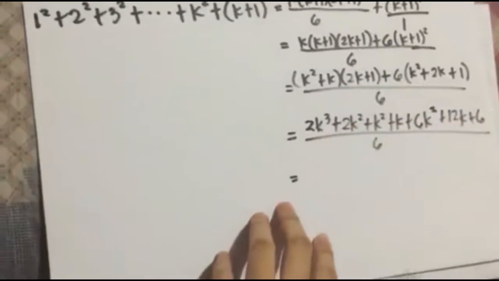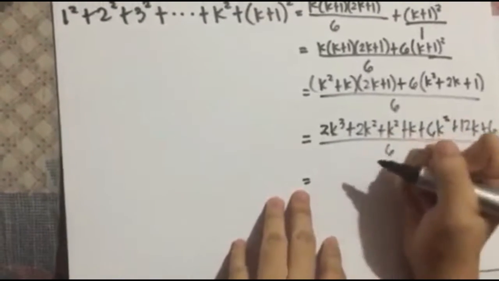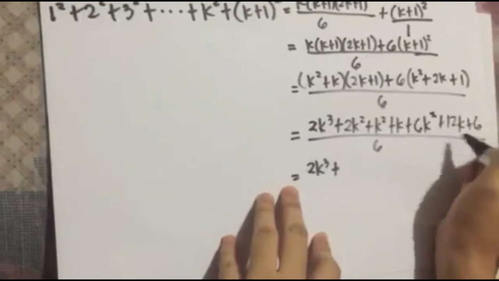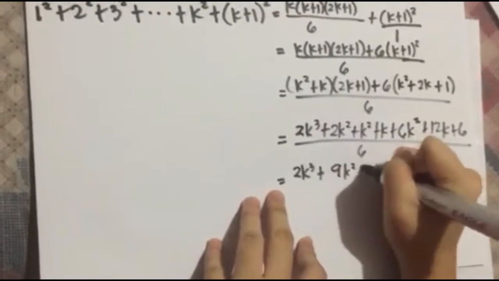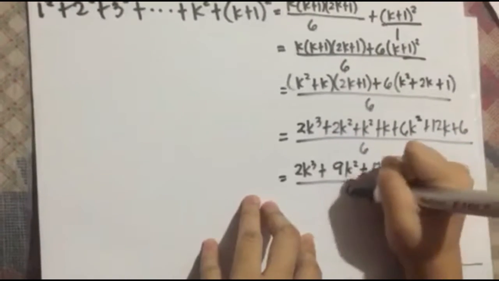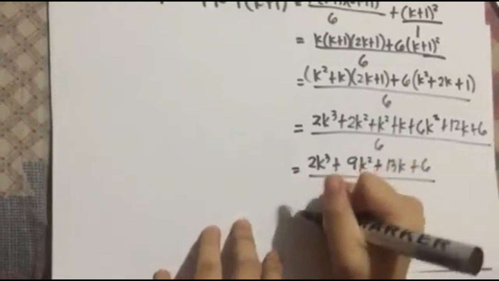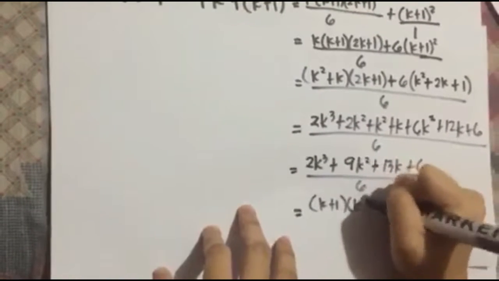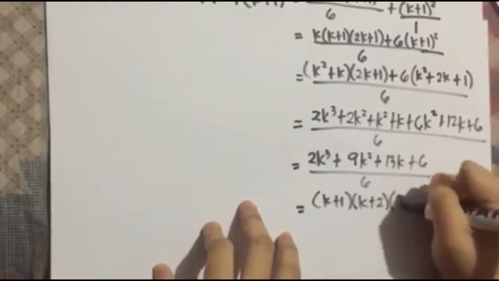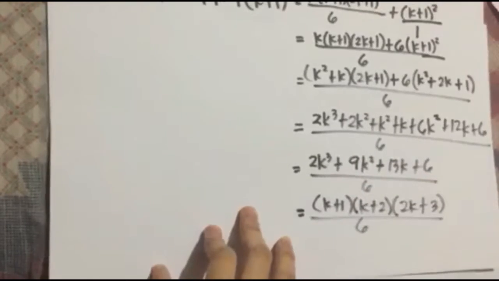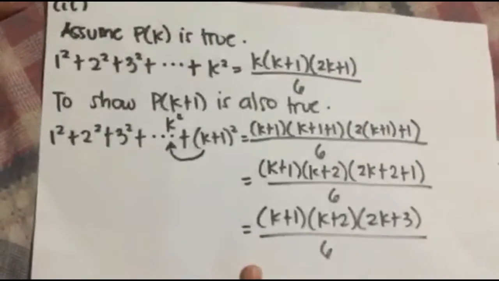Then combine similar terms, so 2k cubed plus 9k squared plus 13k plus 6 over 6. If you factor this out, this becomes k plus 1 times k plus 2 times 2k plus 3 over 6. As you can see, this is the same.